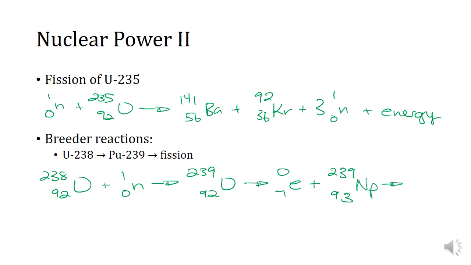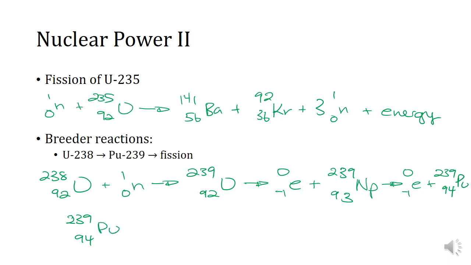Then it does that same decomposition again and forms plutonium-239 (94).